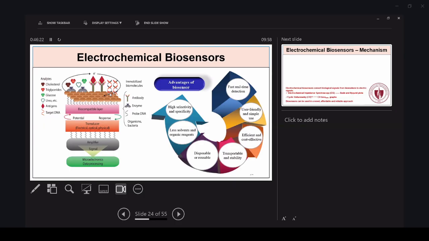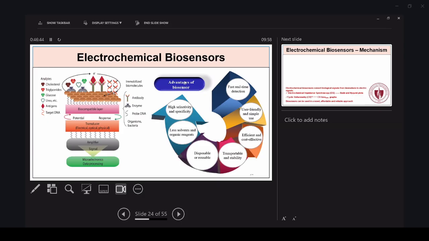Proteins and antibodies couple together and create a biological interaction, right? Then the transducer can be electrical, optical, or physical, and then it amplifies the signal and then the data is processed.